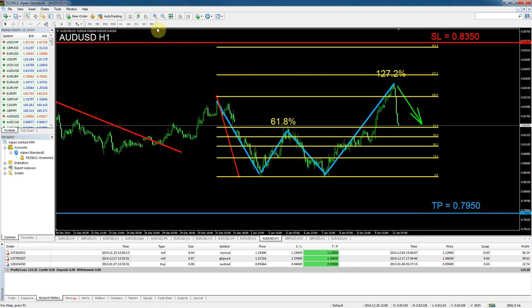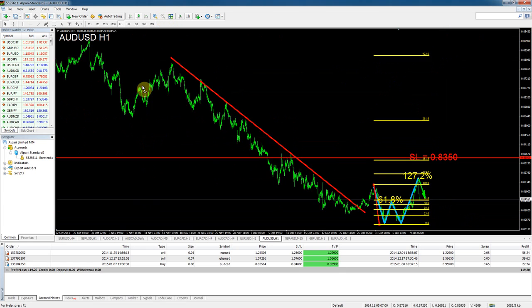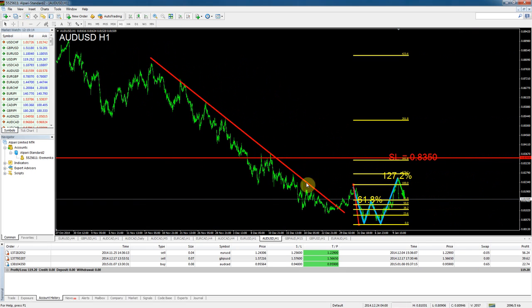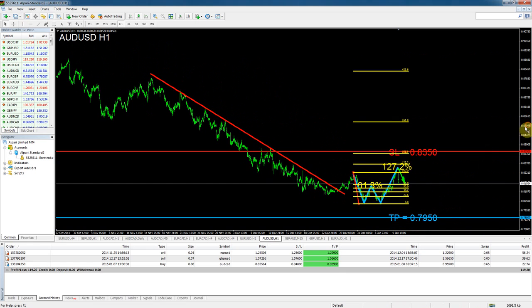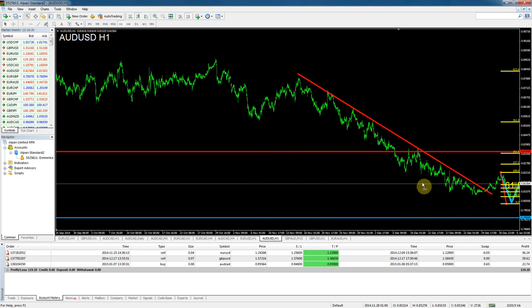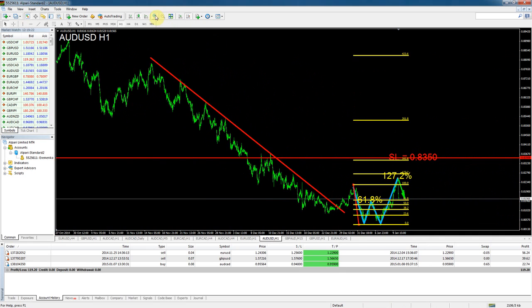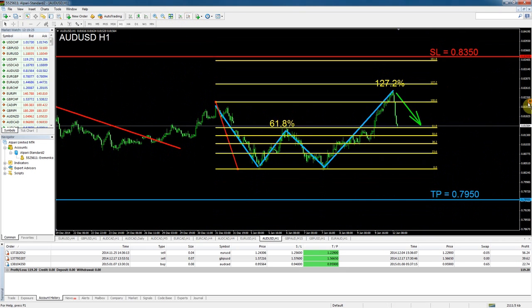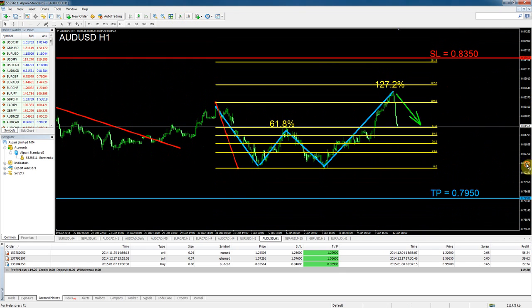Finally, if we zoom out a little bit, you will see that we were in a downward trend, so there is more evidence for us to say that the trend will continue in that direction, which is good. It's always good to trade in line with the overall trend. So right now we're all ready to set our order.